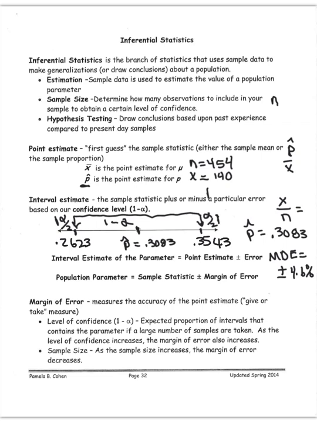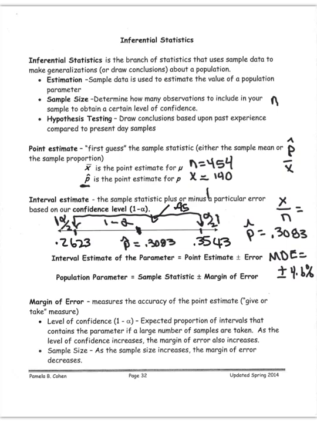So depending on what my confidence level was, let's say I wanted a 95% confidence level. And that's how I calculated things. I am 95% sure that the real proportion of voters is going to be between 0.2623 and 0.3543.